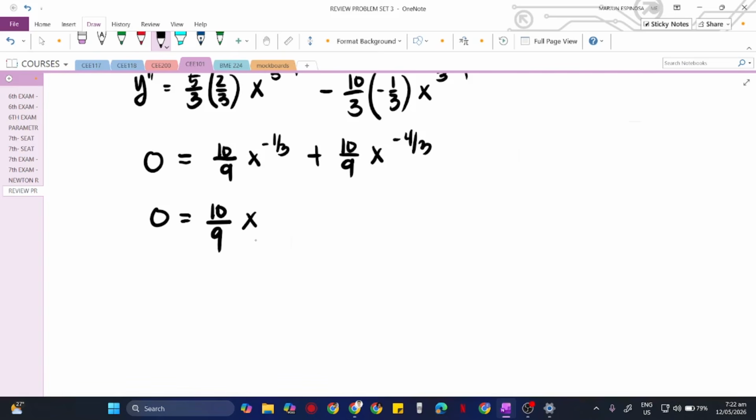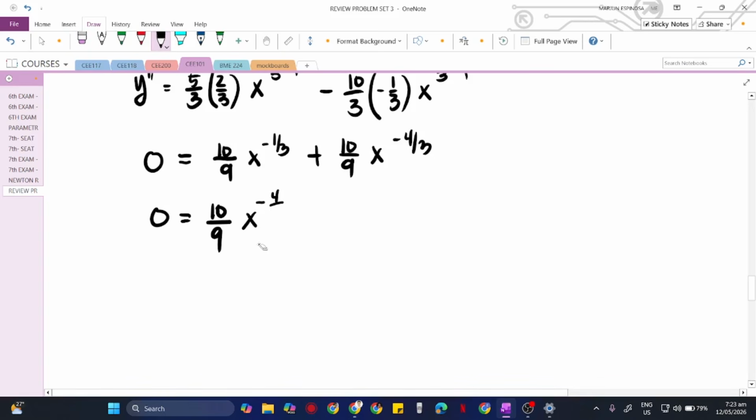Para sa mga exponent na negative, kung i-factor out mo yan, yung pinakamalaking value when it comes to numerical value, wag niyo lang intindihin yung negative. Of course, itong negative 4/3, kasi negative yan, mas lesser yung value niyan. Yung numerical value lang tinitingnan natin. So between 1/3 and 4/3, yung 4/3 yung mas malaking value. So yan yung i-factor out natin.